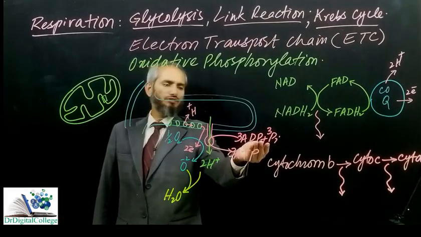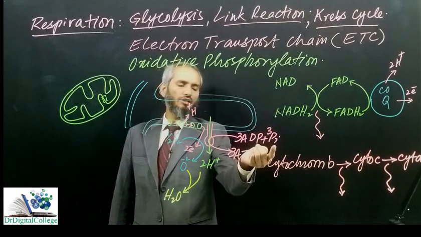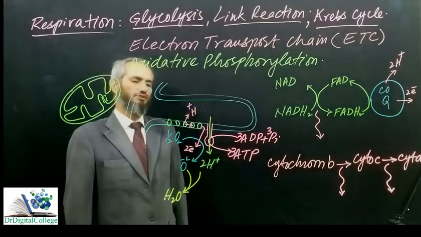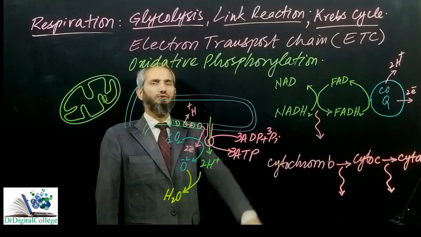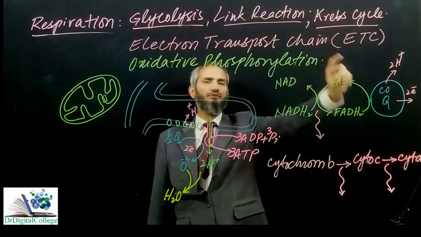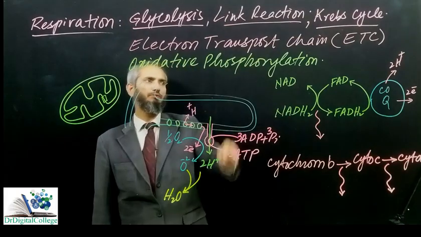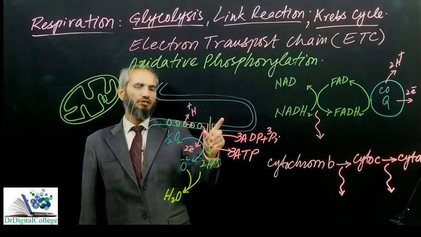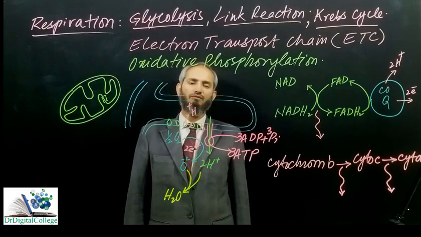Now, this process of joining of inorganic phosphate with ADP to produce ATP is called phosphorylation. As we have studied, during glycolysis there was phosphorylation, and during the Krebs cycle there was phosphorylation through GDP to GTP and then ADP to ATP, and that is called substrate level phosphorylation.